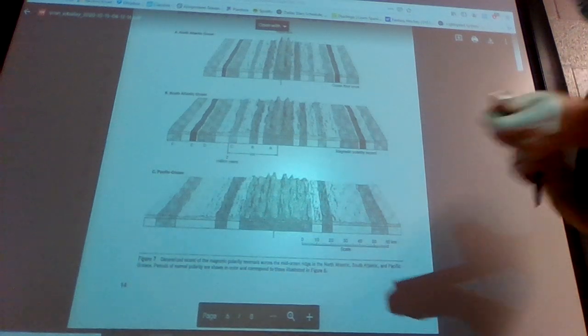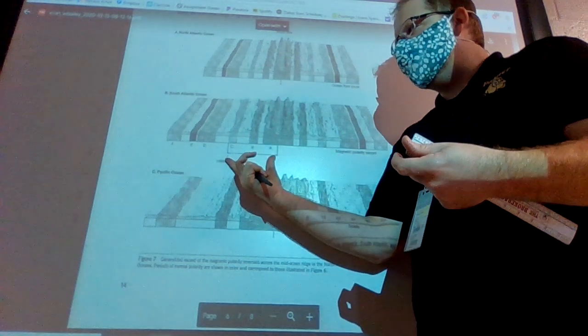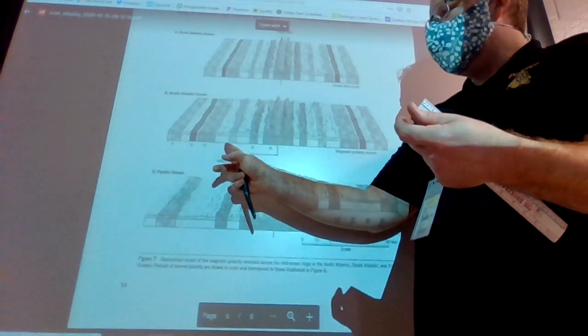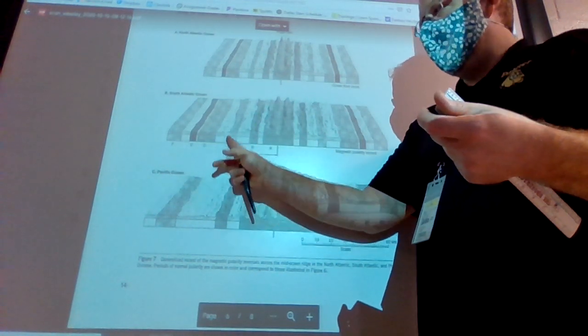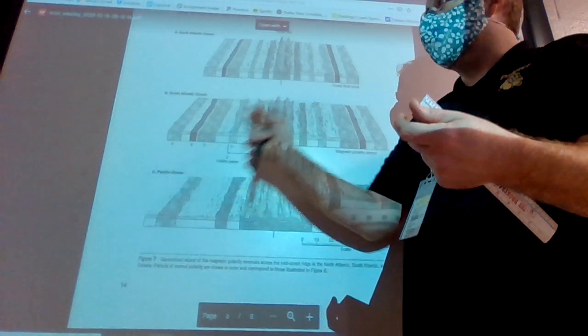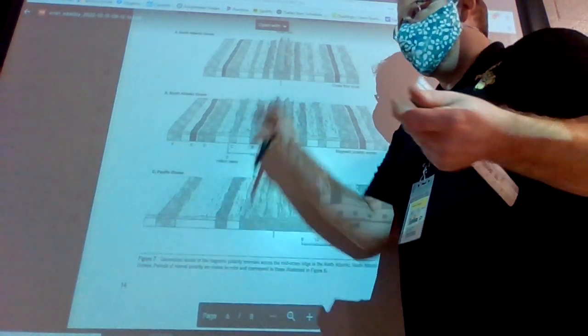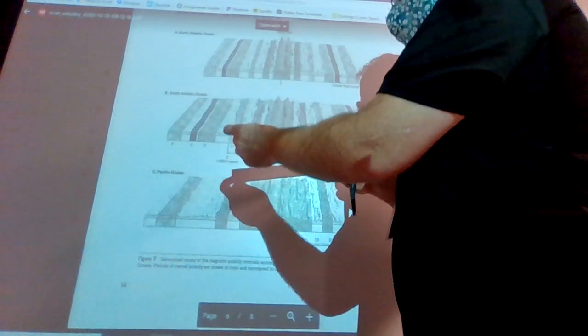For instance, they're going to ask you the distance from the center of this mid-ocean ridge to the outside edge of layer C. You have all these layers, and they're going to have you name or letter them on the other two images.